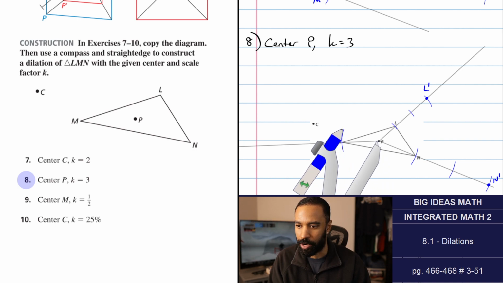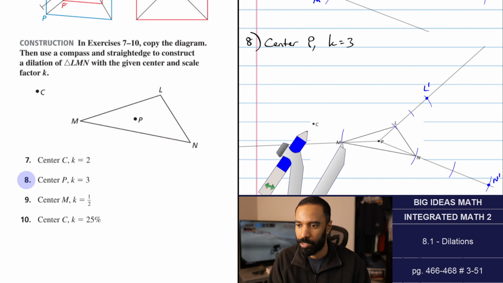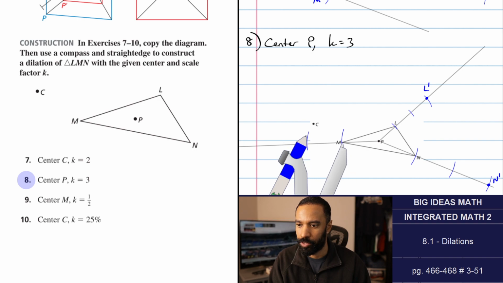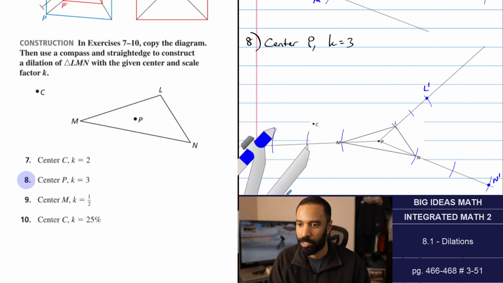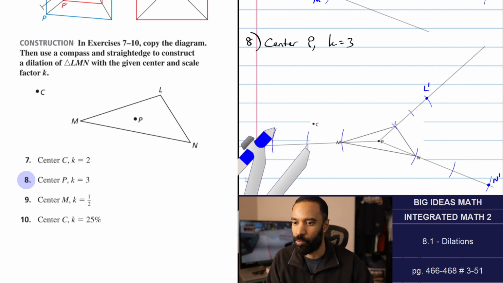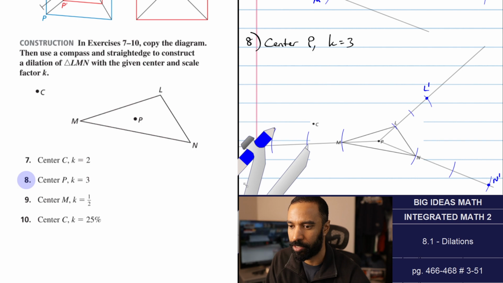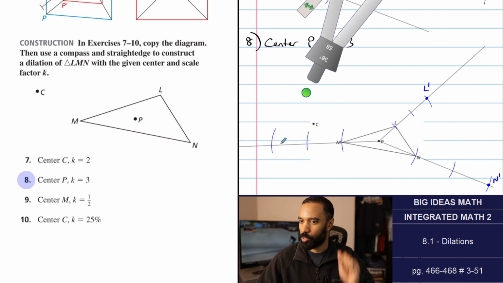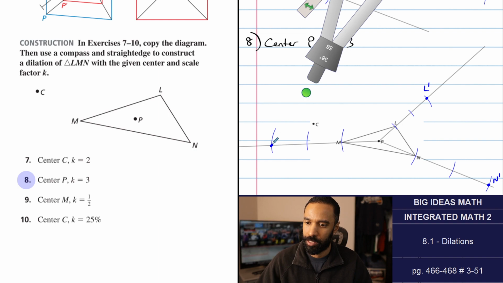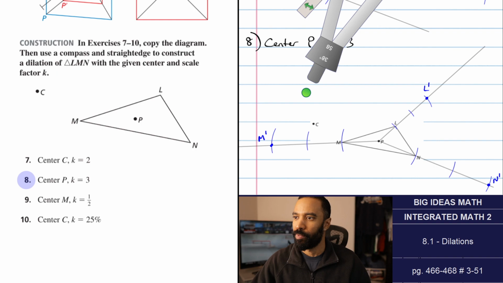As best as I can get, really. 1, 2, and 3. I could probably get that one little pixel farther out there. There we go, 3. All right, so this is my M prime. So it did fit by plenty. I got it.